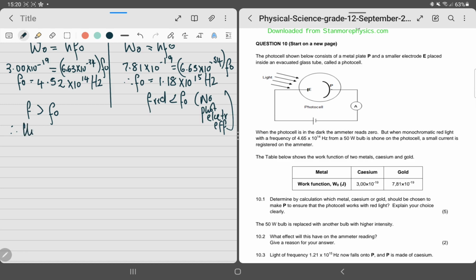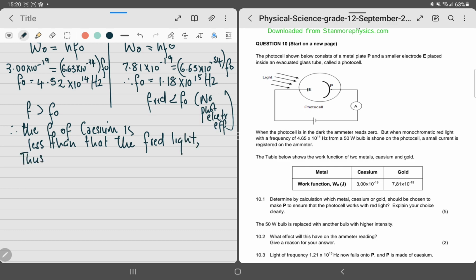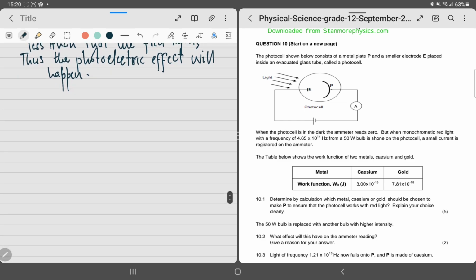Let's just say the threshold frequency of cesium is less than the frequency of red light. Thus, the photoelectric effect will happen. And then we are done.